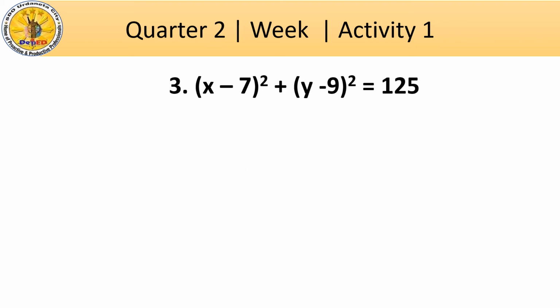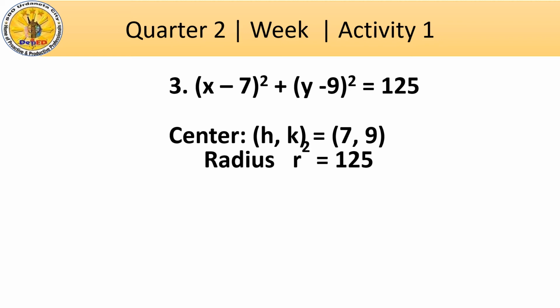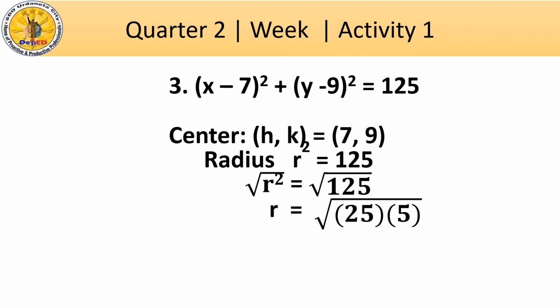Okay, number 3, we have your equation of a circle in standard form. We have the center h, k equal to 7, 9, and the radius is equal to the square root of 5.